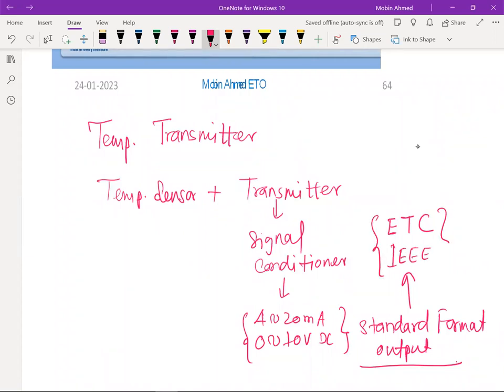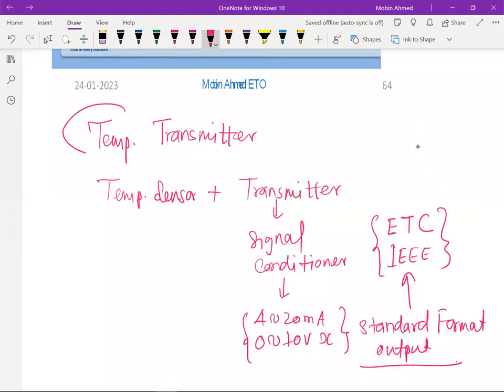It is always guided by these two. As per that, all equipment that uses a transmitter has to use 4 to 20 milliampere and 0 to 10 volt DC.